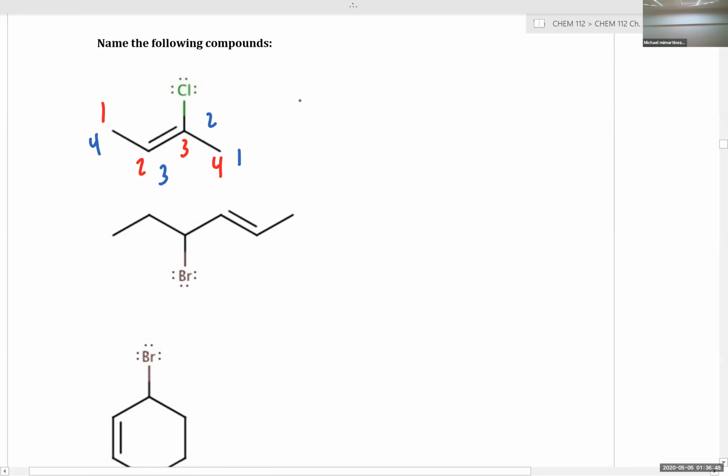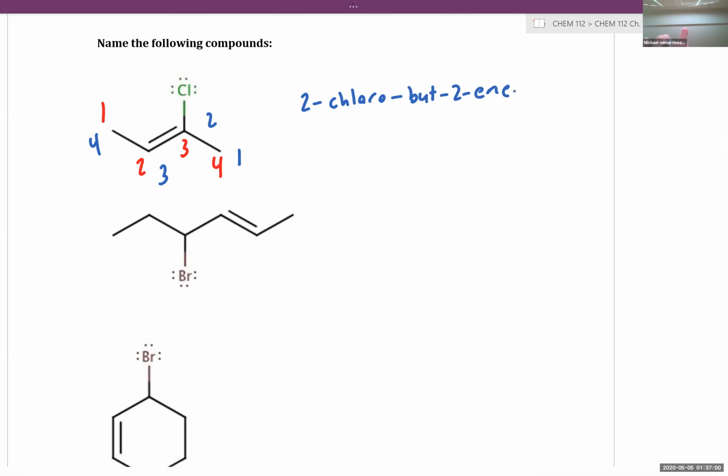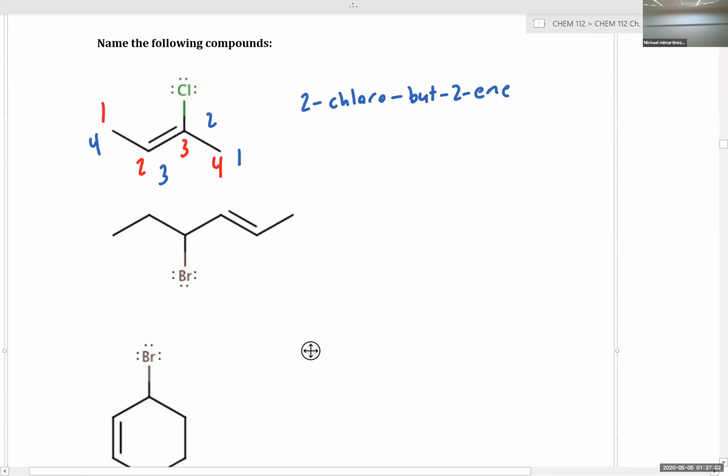So we can have 2-chloro butene or 3-chloro butene. And which method wins out?